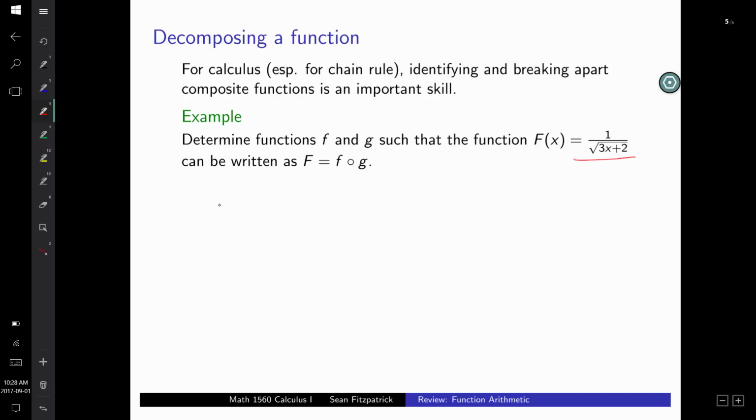Well, there's a few different ways I could do it. I could take f of x to be 1 over the square root of x.